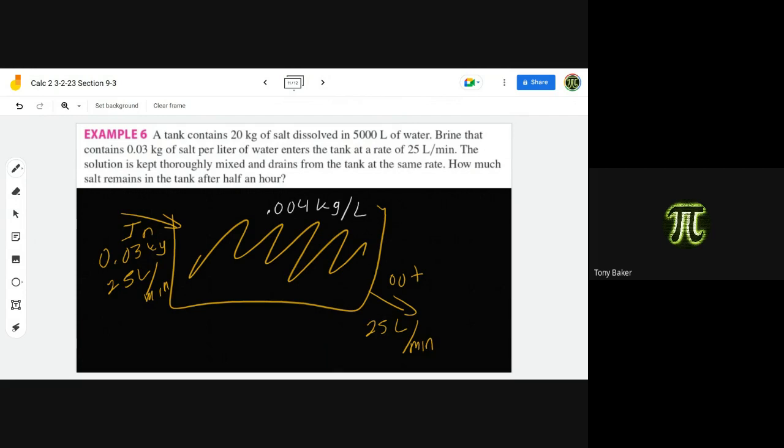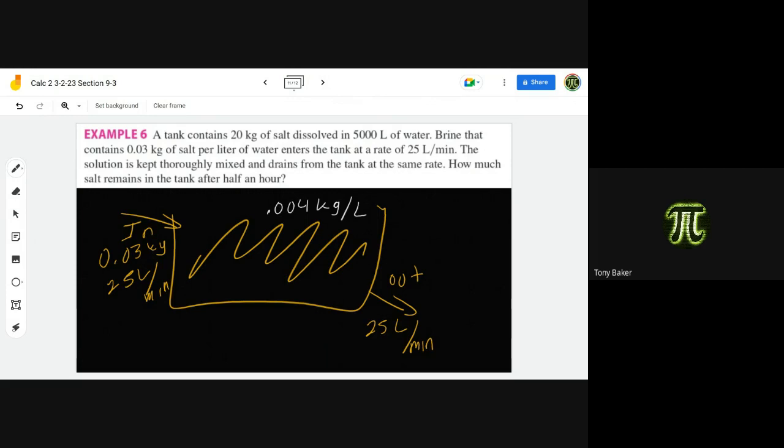All right, so now we have to come up with our equations. Why is this a differential equation? What does differentiation give us typically? When we're taking the derivative of something, we're defining change over time, right? We're finding slope. I'm giving you what the change is. It's the 0.03 kilograms of salt coming in.